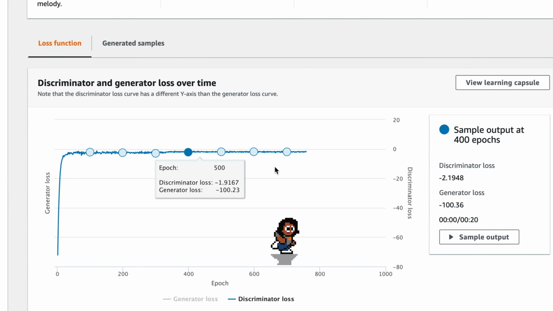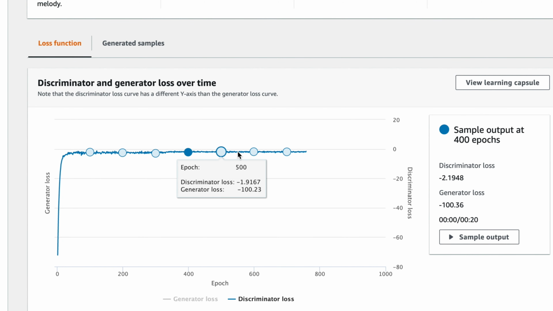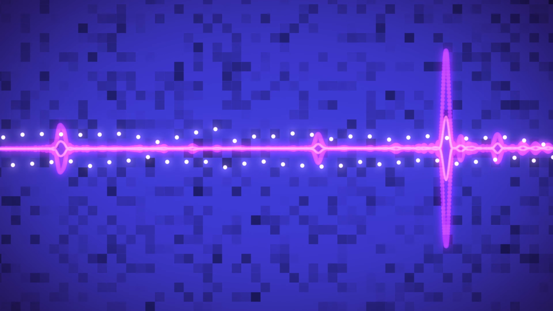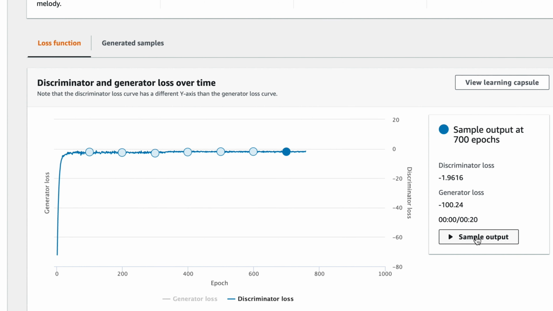So click on 400 and then play sample output. And now let's click on 700 and play it. You'll notice that the later epochs really start to sound like music. So that shows you that the model is getting better and better after each epoch.